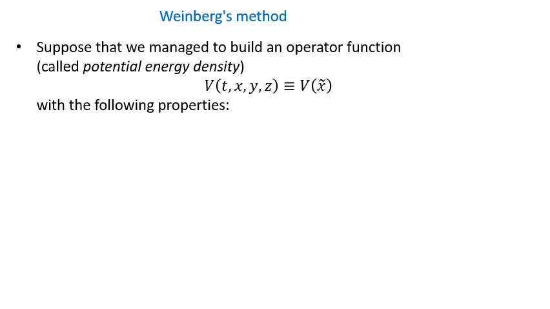First, assume that we somehow managed to build an operator function V that depends on four variables, which we will name t, x, y, and z. We will call this function the potential energy density. To each value of its arguments, the function supplies an operator in the Fock space with the following properties.